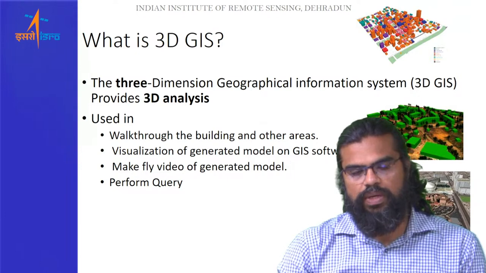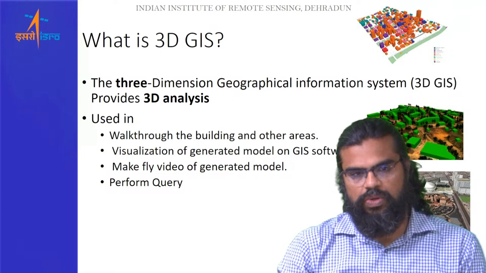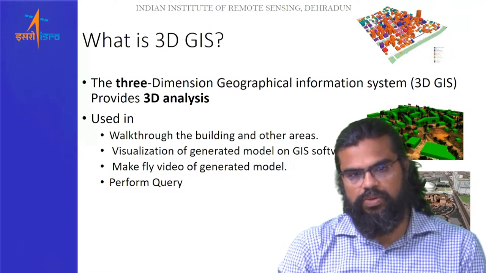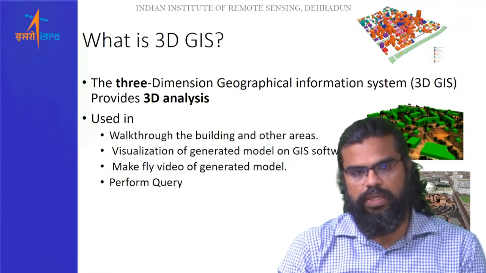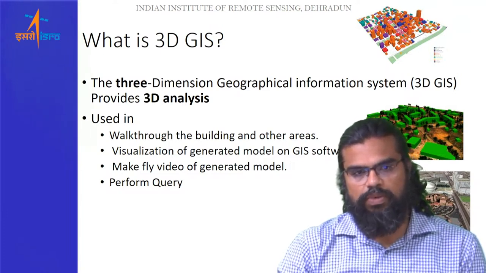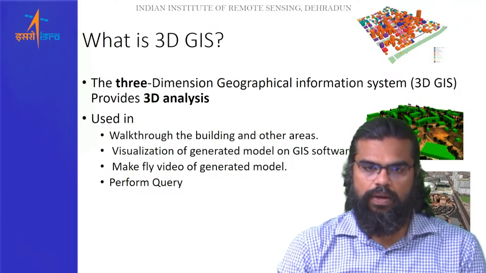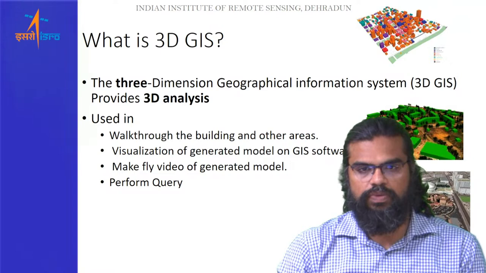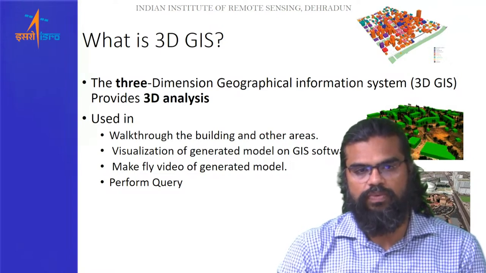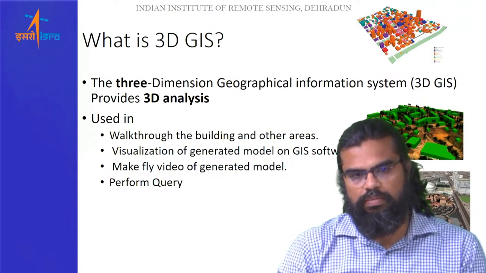Earlier, the technology started with just the generation of 3D data sets, and later on we required some kind of detailed analysis. So generally 3D analysis or 3D GIS is basically a set of algorithmic techniques which can be used for visualizing large scale data sets presented in 3D form. Generally it's used for creating walkthrough models.